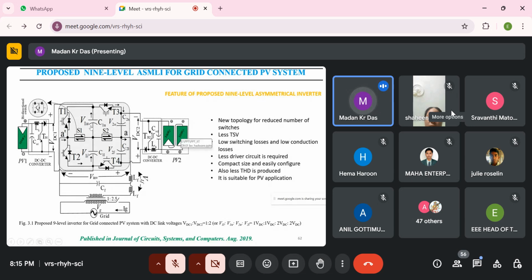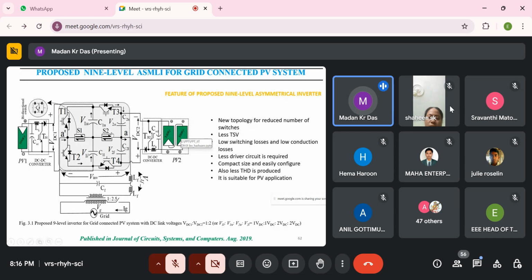Here V upper 1 and V lower 1 have the same ratio, and V2 upper and V2 lower have another ratio. The ratio of V1 and V upper 1 is 1:1, and V2 and V2 lower is 2:2.